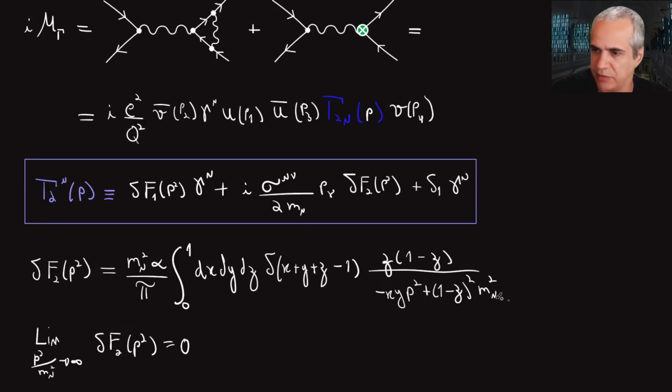Just throw the mass away compared to the momentum, and then you have m mu over p squared, and so this goes to 0, so I don't have to worry about this part. It will be small. It's infrared finite, and moreover, it's 0 in the ultra-relativistic limit. So we only have to worry about delta F1.